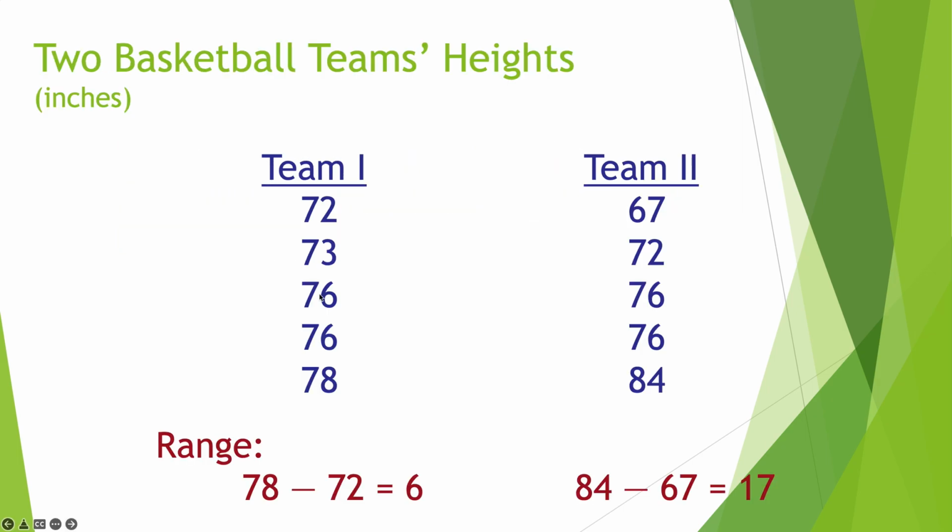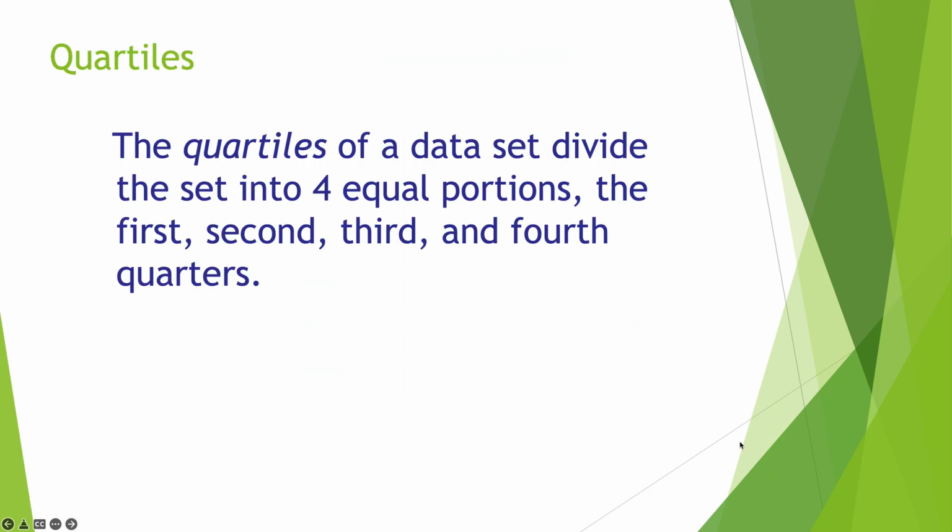For team 1, the highest score is 78, subtract the lowest score 72, and you get 6. For team 2, the highest score is 84, minus 67, and you get 17. So just by the measure of range, we can say, look, team 2 has a greater variance than team 1. But we can be a little bit more specific about that variance, and we can talk about quartiles.